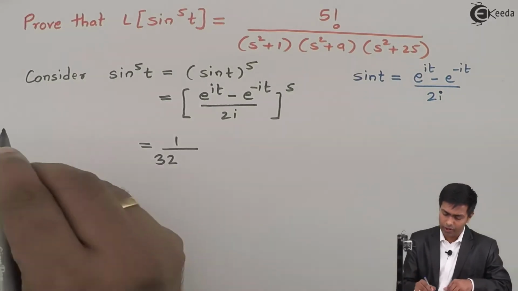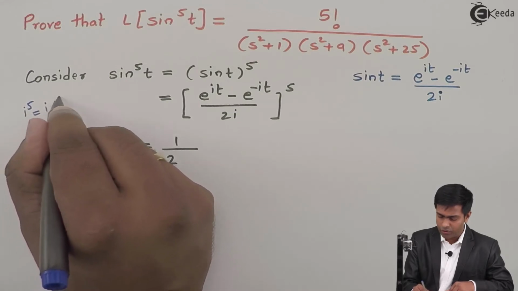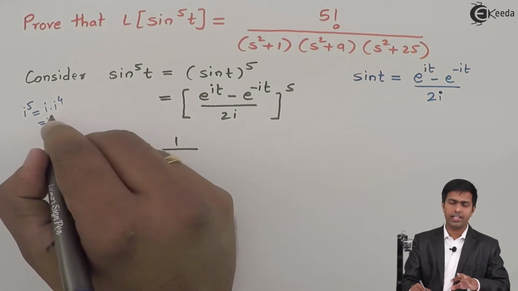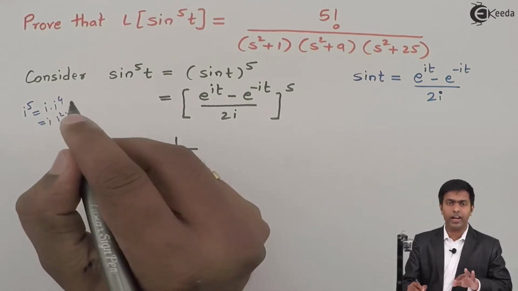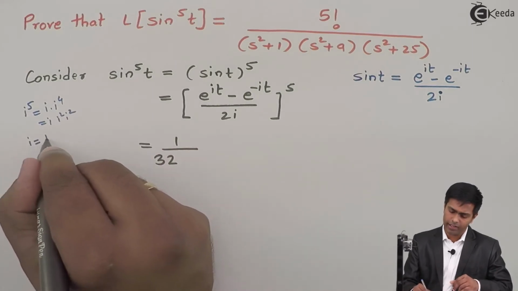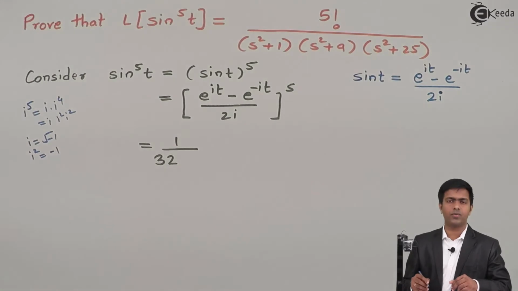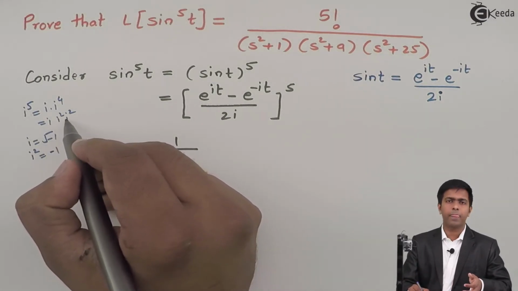Now what is i^5? i^5 is i into i^4, and i^4 is i^2 into i^2. How do we find i^2? We know that the value of i is root of minus 1, so the value of i^2 is minus 1. So minus 1 into minus 1 is 1, into i.